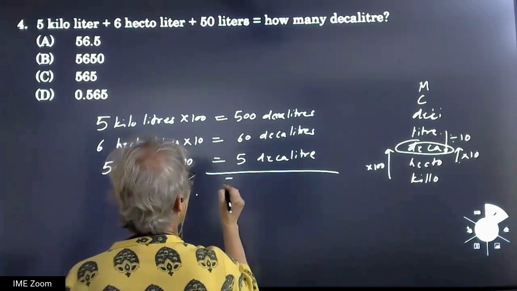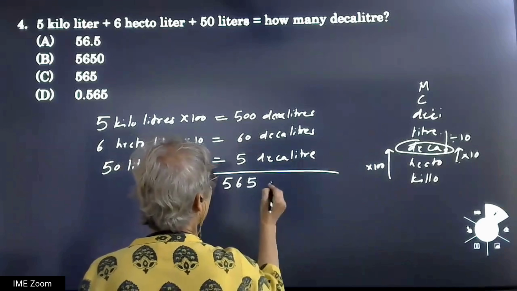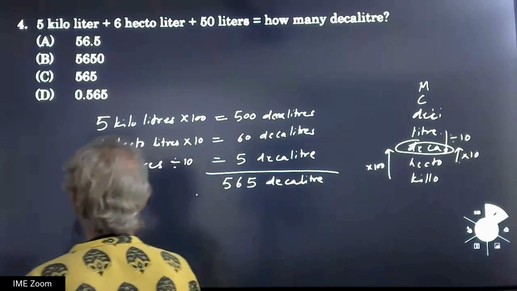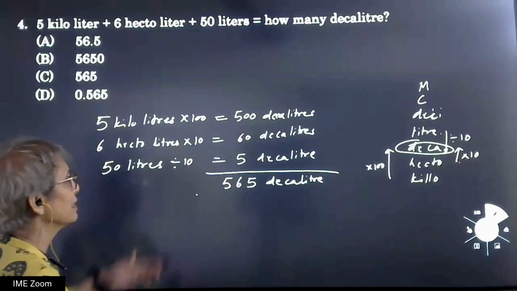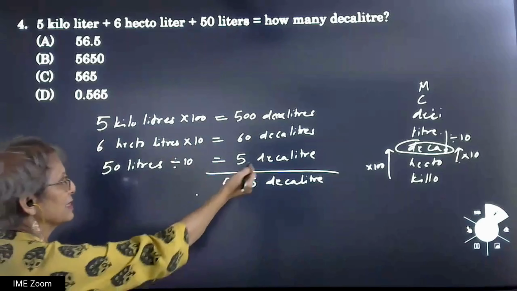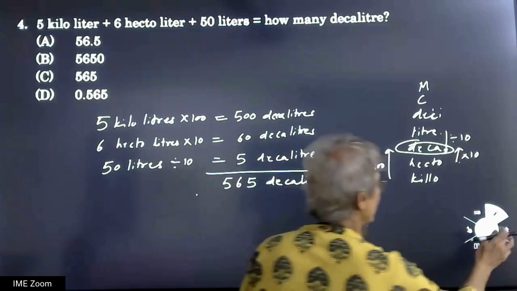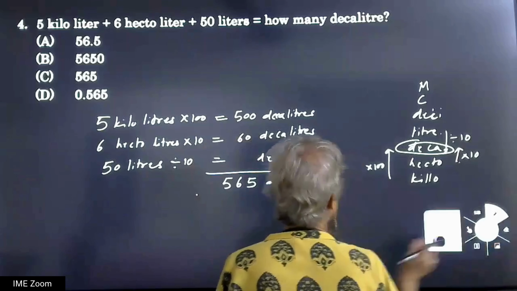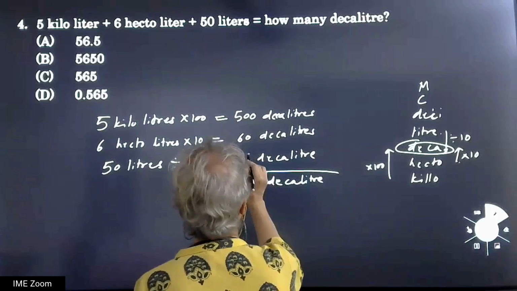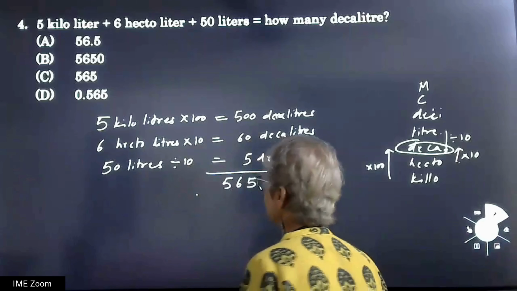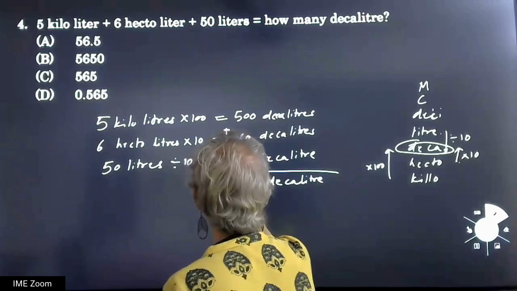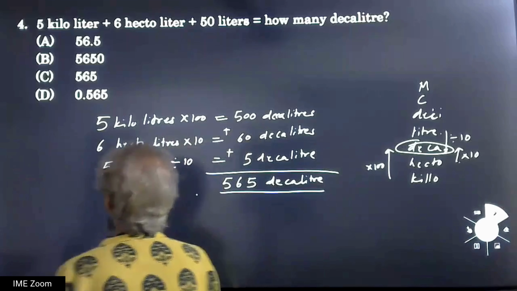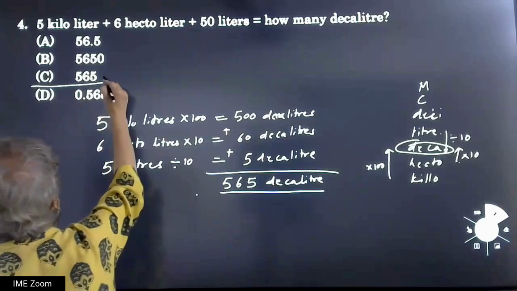So very simple, it is 565 decaliters. After conversion, it becomes very easy. No problem, we can easily do this. Just add it properly. Okay, so 565. Add them. So what is the answer? 565 liters. This is the answer.